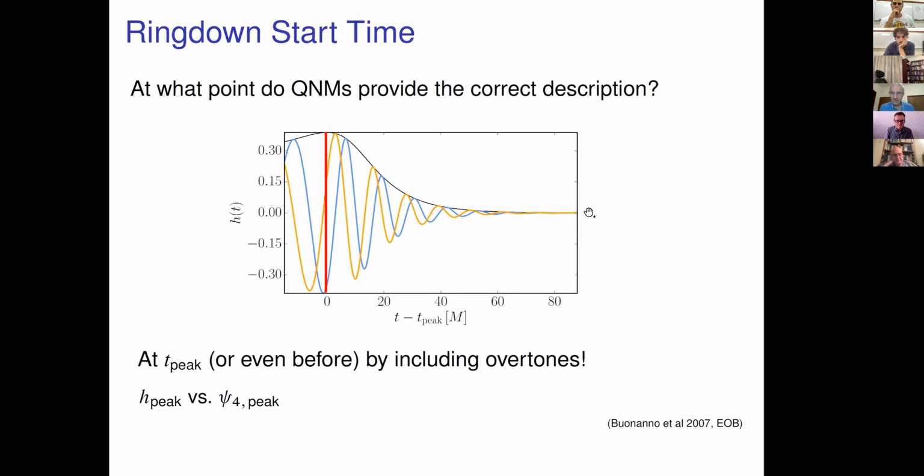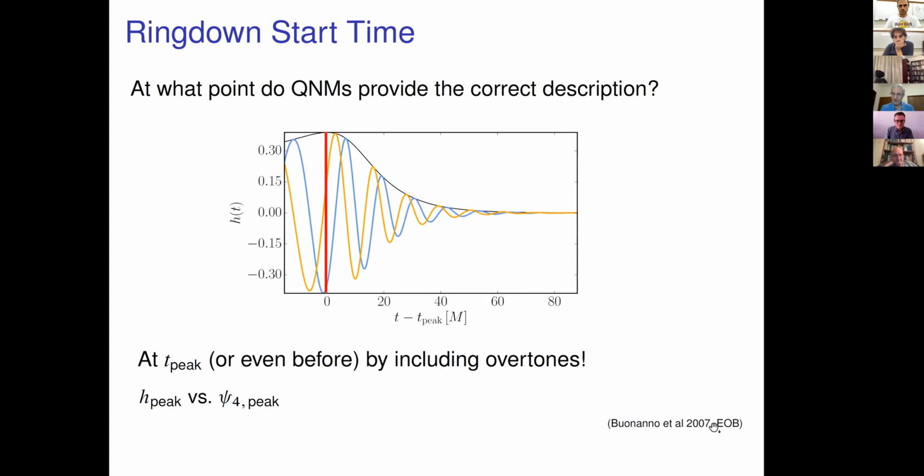Now, actually, Matt Giesler was not the first person to notice this. Back in 2007, which is the Stone Age as far as numerical relativity accuracy is concerned, Bonanno, Cook, and Pretorius showed, I think looking at psi4, but the same is true at h, that with the accuracy they had, they could use 2 or 3 overtones and get a reasonably good description close to the peak.